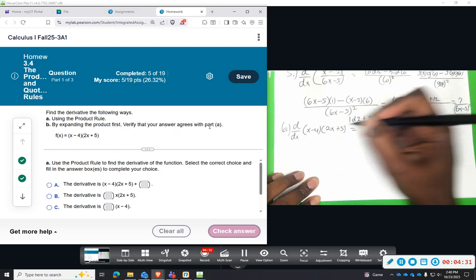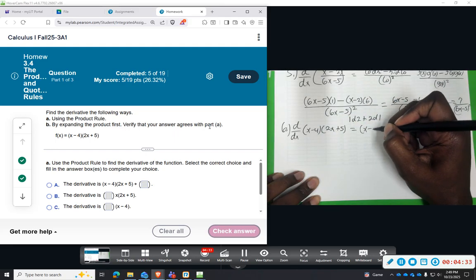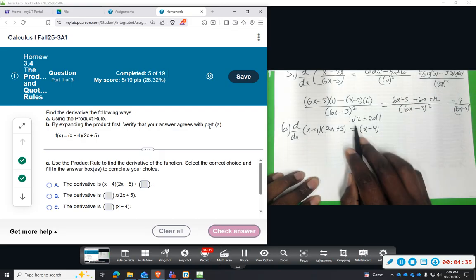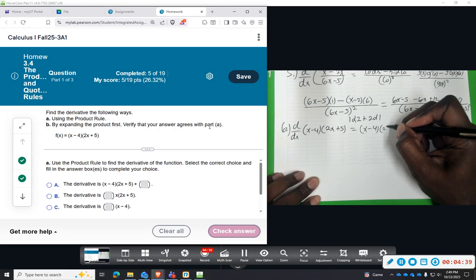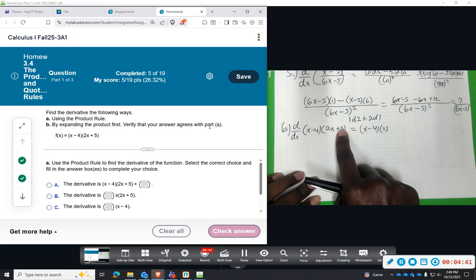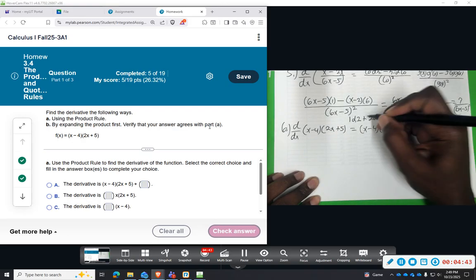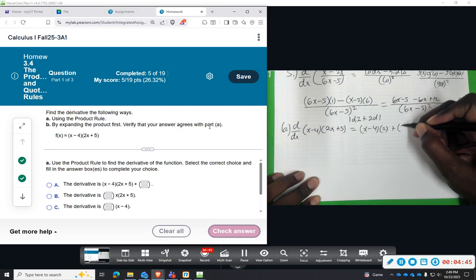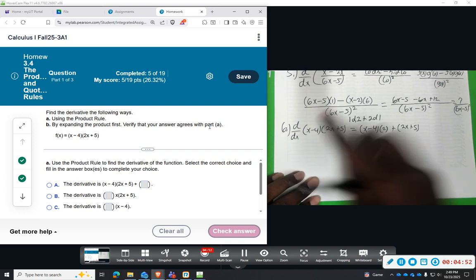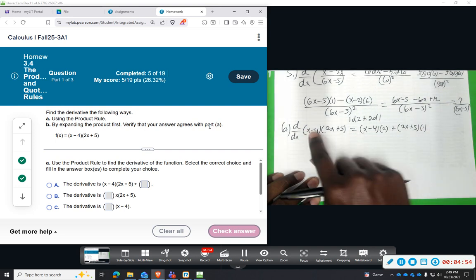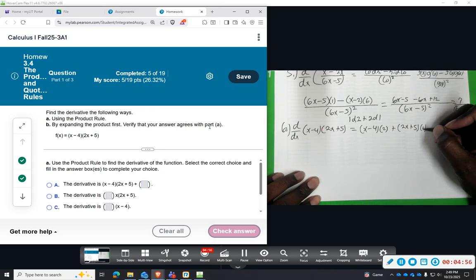That's going to be 1x minus 4, my first function. Derivative of the second is just going to be times 2, because the 5 will go to 0, plus the second function, which is going to be 2x plus 5, times the derivative of the first, which is going to be derivative of x is just 1, and then derivative of 4 is 0, so we just end up with 1.